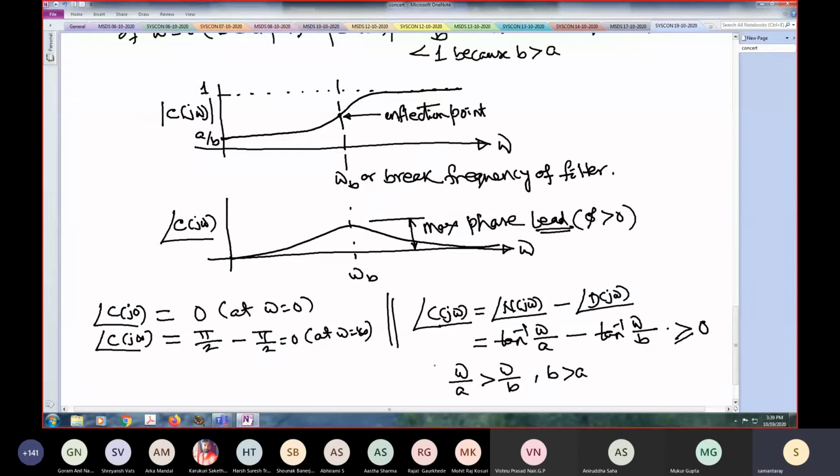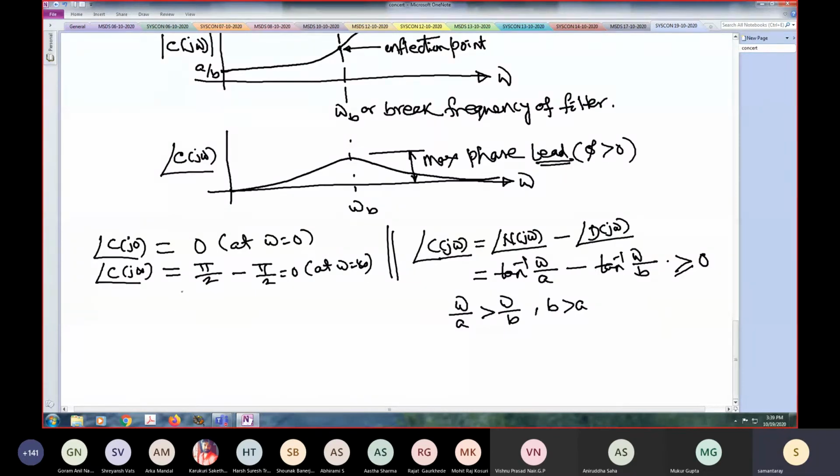So this is how the maximum will occur, and that maximum occurs exactly at the break frequency. That is the inflection point in that magnitude graph. What is that break frequency? We'll calculate, not a problem. All right. So there is a phase lead. That's why this filter is a high pass filter.